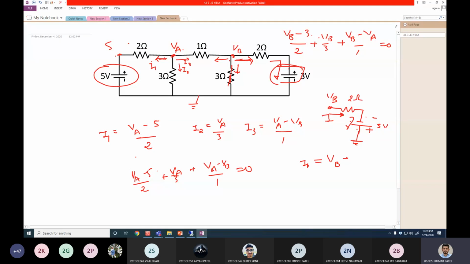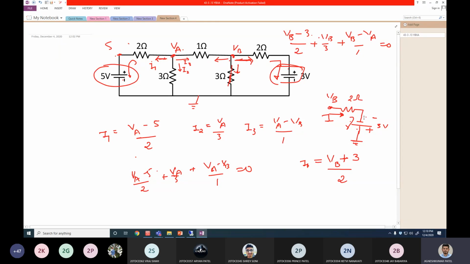Same way here, going in reverse direction, plus to minus is a drop in potential, so I have to take minus 5. But if your voltage polarity is different, you are going to write plus 3 divided by 2 and not minus 3.